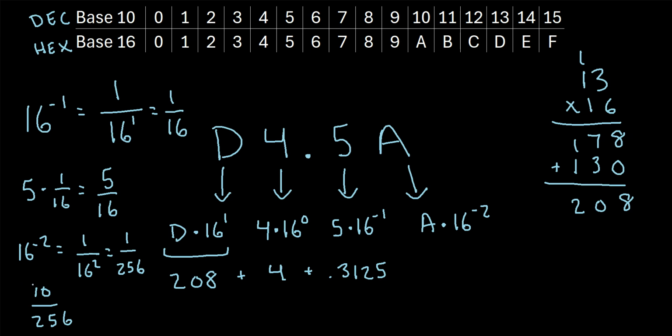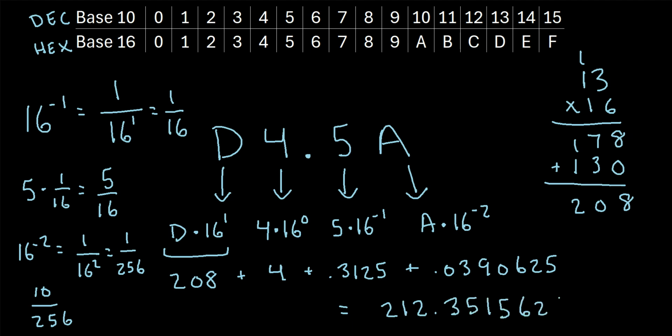And if you were to punch that into a calculator, you would get 0.0390625. So when we add these 4 numbers together, our final answer comes out to 212.3515625. This is the decimal equivalent of the hexadecimal D4.5a.